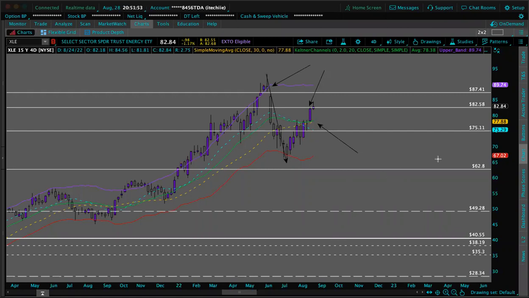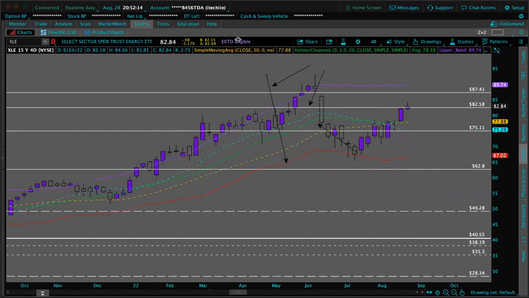So this week's levels for XLE, we're going to focus on 82.58 and 75.11. If it goes above 82.58 and confirms into Tuesday, staying above 82.58, then we switch over to 87.41. Going into Monday, if we get a gap down, which is highly likely based off what's going on in futures right now, I can see a gap down to 79 first to start.